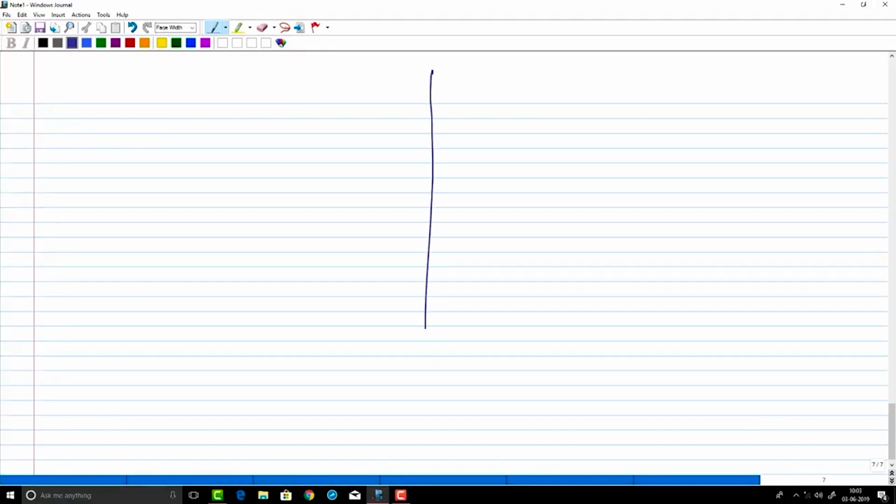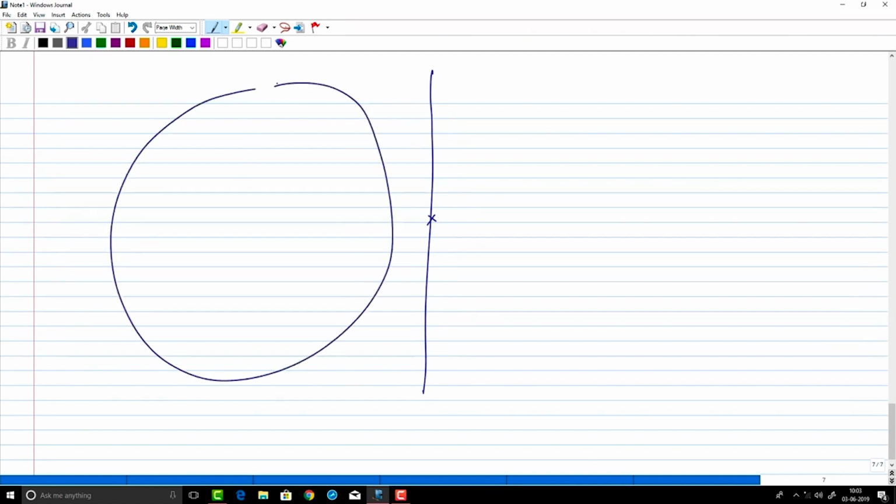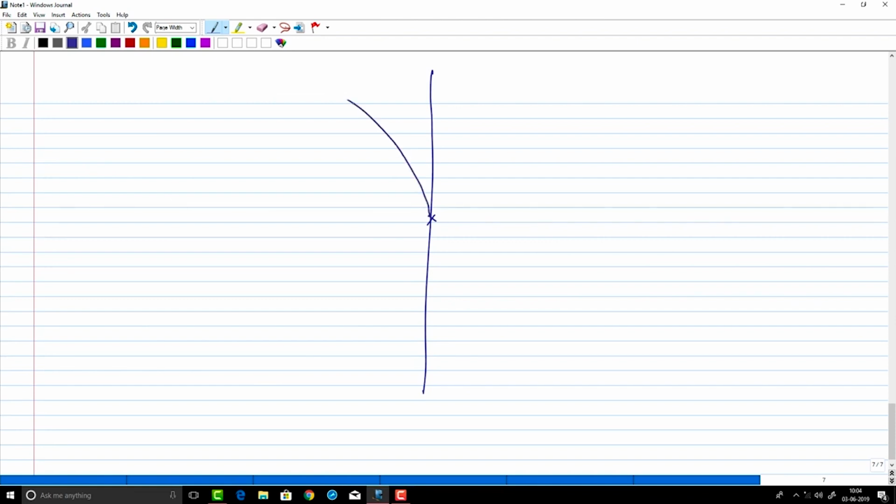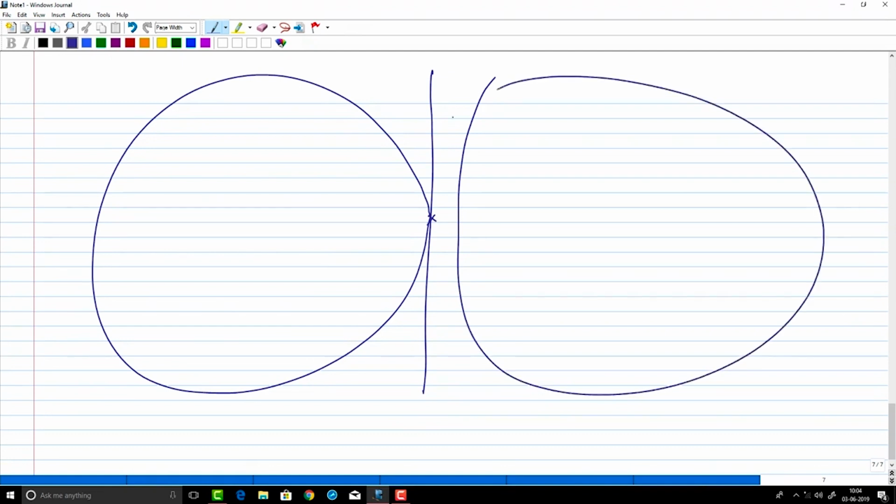So, what is the situation we are in? We are in this situation where this is my left set and this is my right set, right, and I assume n to be even.